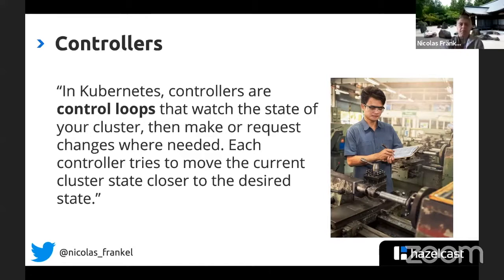So the next level is controllers. Controllers are very simple, and basically it's just a simple control loop where you get the state of your Kubernetes cluster, and then you decide, hey, this is the state that I want, and then you move from the existing state to the state that you want by doing some actions.